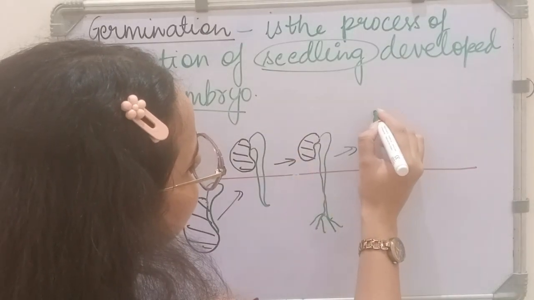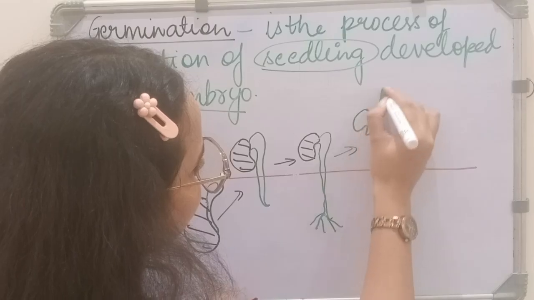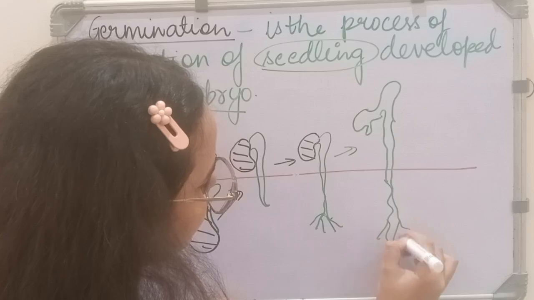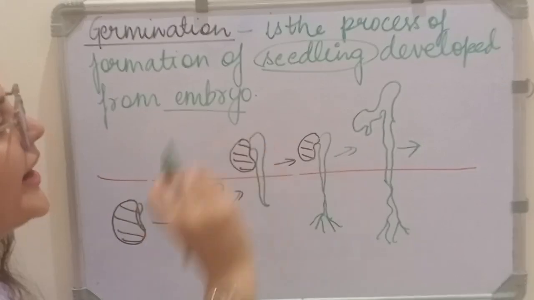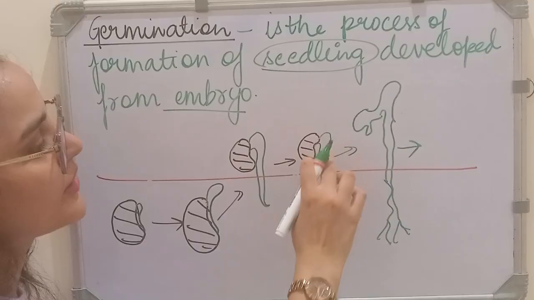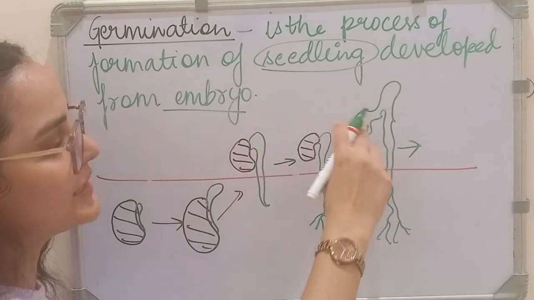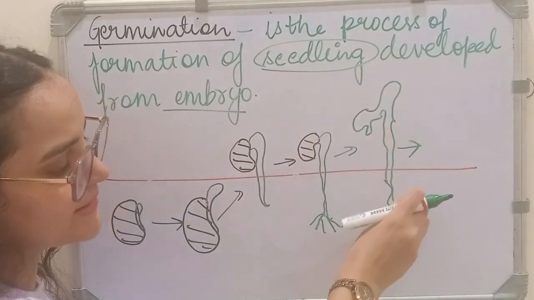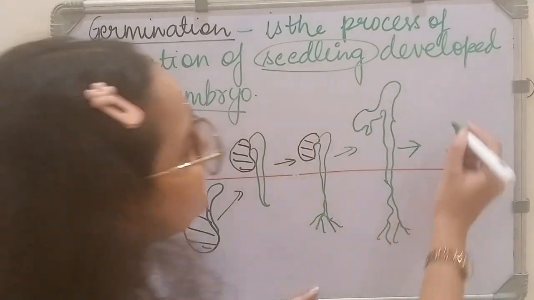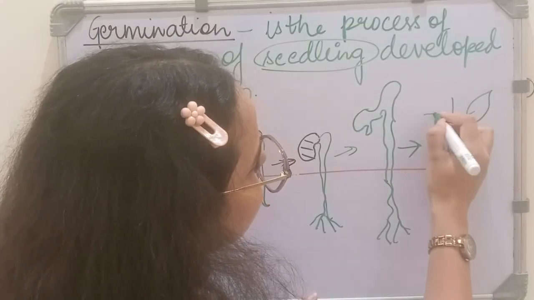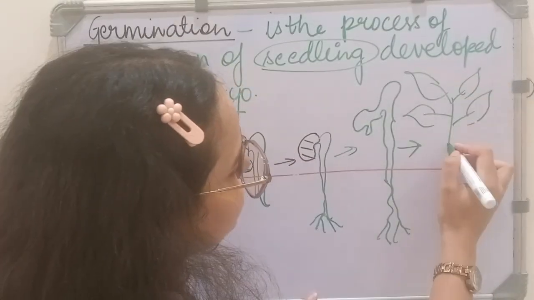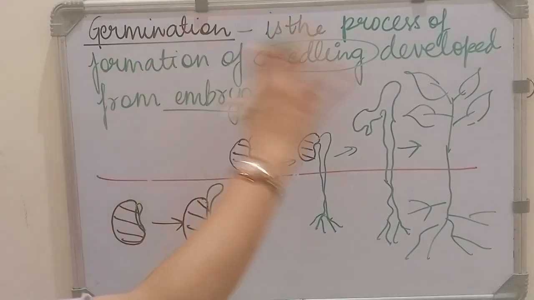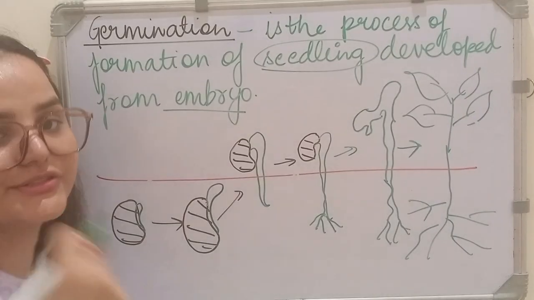So this is how we will draw. This young part is called the seedling, in which the cotyledons are turning into two leaf-like structures. The plumule is forming the shoot and the radicle is forming the root. After this, the mature plant is developed. So this whole process is known as germination.